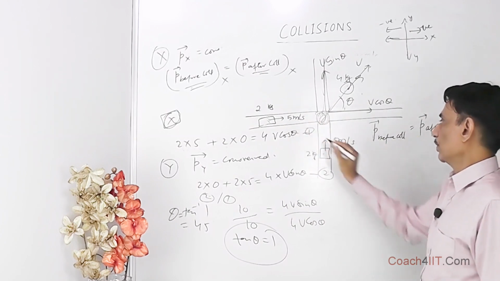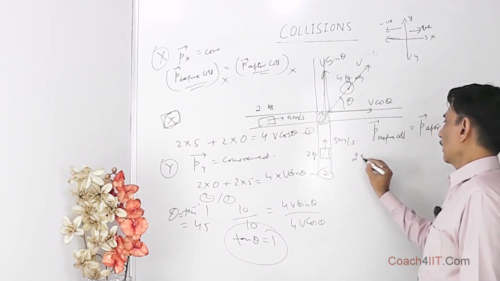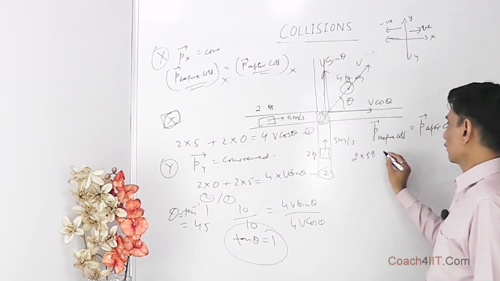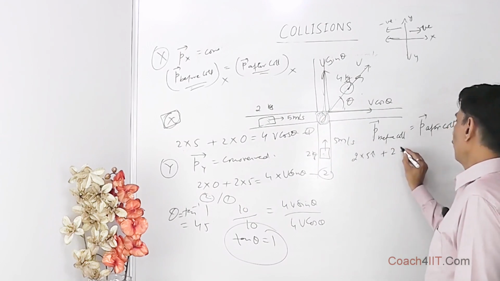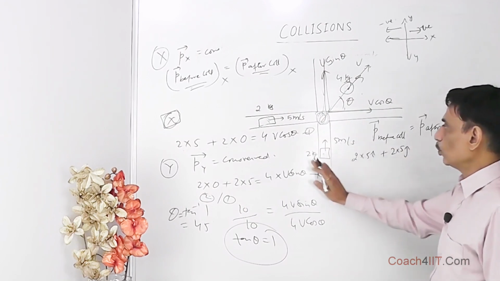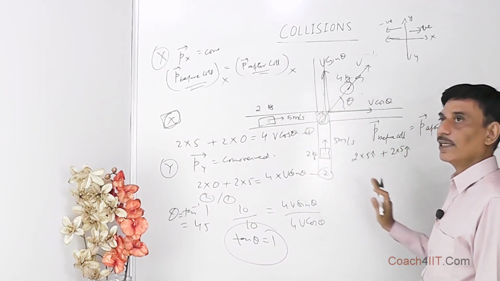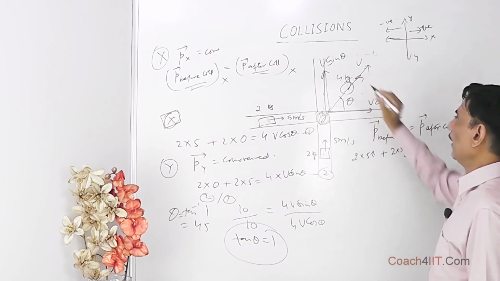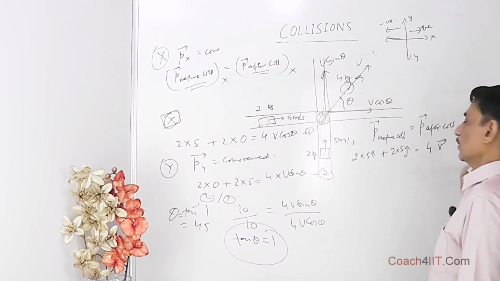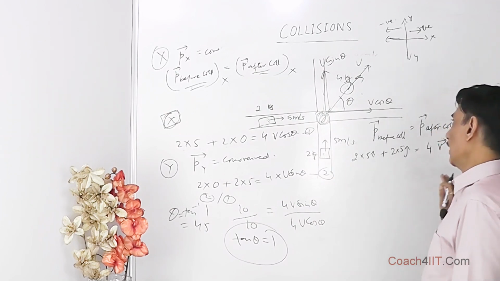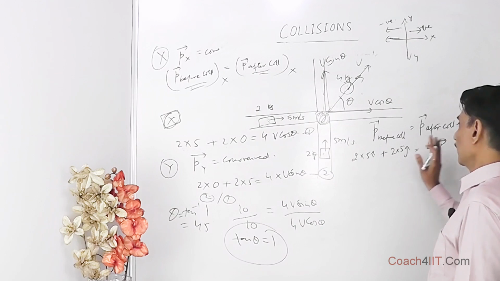Momentum before collision is 2 into 5 i cap plus momentum of this, 2 into 5 j cap. You don't have to break into components; vectors will take care of themselves. This is equal to the final momentum, 4 into v vector. We don't know the direction, angle or magnitude, but we can calculate it from here.